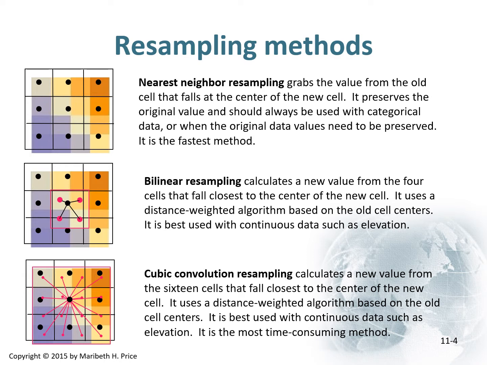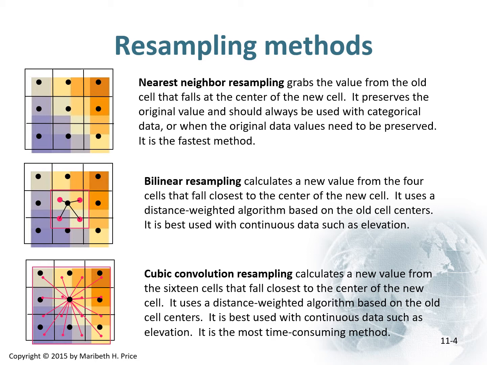From the center of that new cell, it goes outward until it finds the center of the 4 closest old cells, and then it averages them together using a distance weighted algorithm. What that means is the ones that are closer are weighed more heavily, the ones that are further away are weighed less. And that's bilinear.